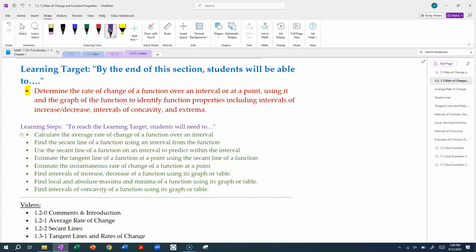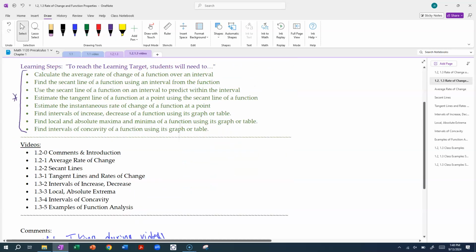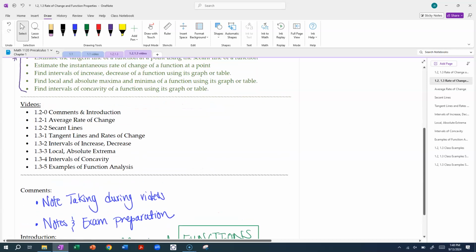In a single question, we will try to capture as many of these learning steps as we can, so this can lead to multi-part questions. If you're wondering how to study, always ask yourself, can I do whatever the learning target says? Can I determine the rate of change of a function over an interval or at a point? If you can say yes, then you're doing pretty well. If you hesitate a little bit, that means you might need to do a little more studying. Just those two general comments.